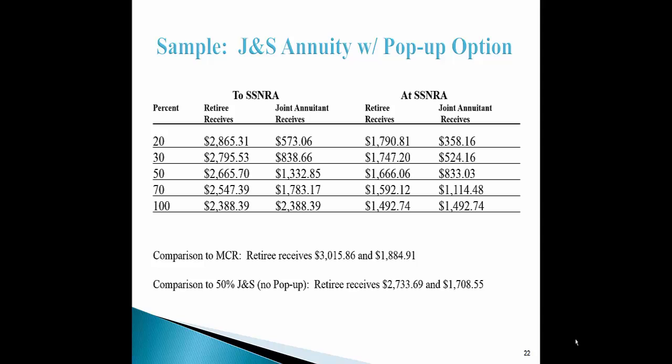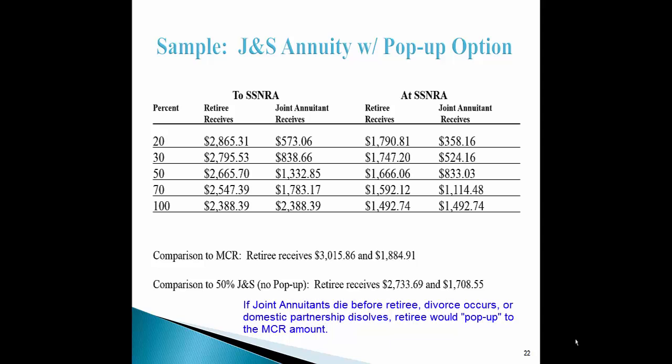In this example, the joint annuitant would receive $1,332.85, and then the benefit would reduce to $833.03. If the joint annuitant dies before the retiree, or they divorce or dissolve their domestic partnership, the retiree would pop up to the MCR amount, which in this example would be $3,015.86 until age 67, and then $1,884.91 at or after age 67.